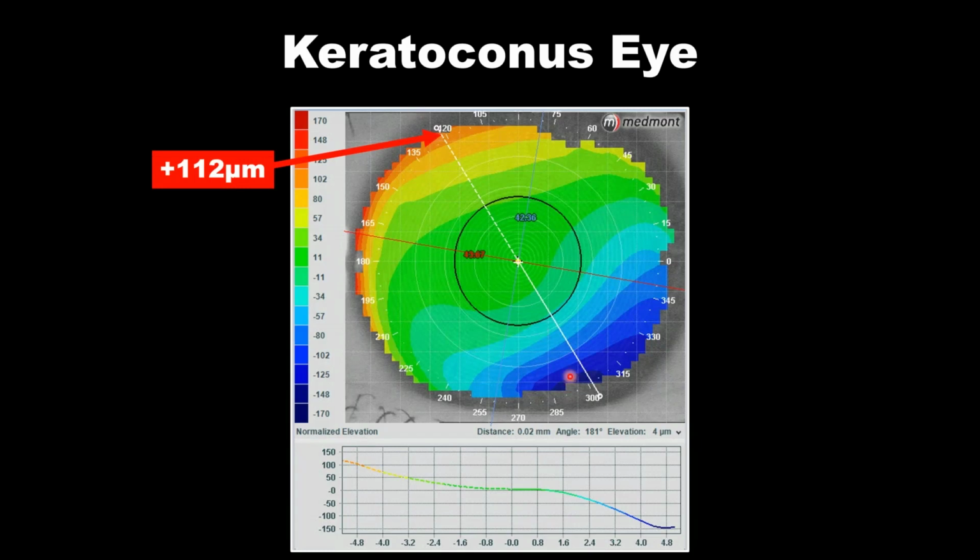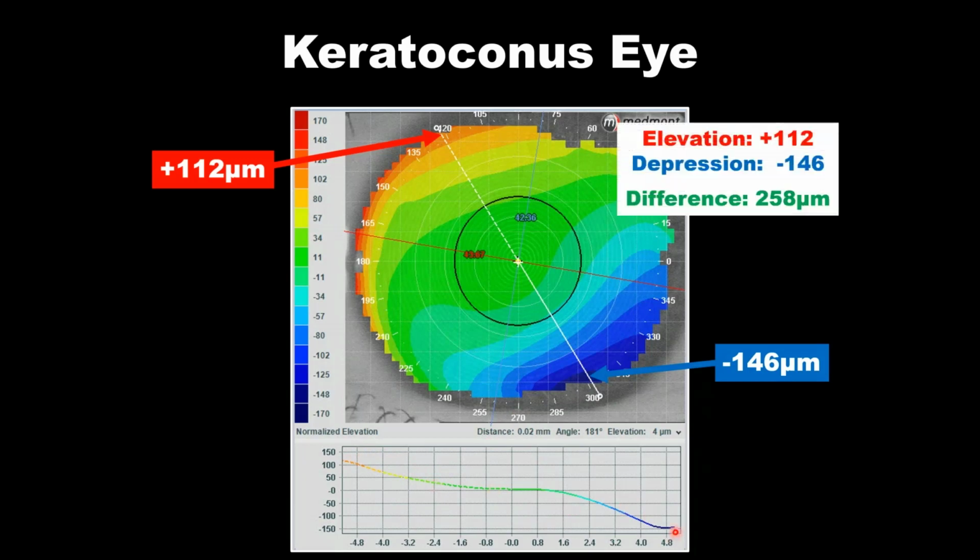Find the opposing point along the same meridian, and we see minus 146 microns of negative elevation. So the eye goes from positive 112 down to negative 146, or a shift of approximately 258 microns.